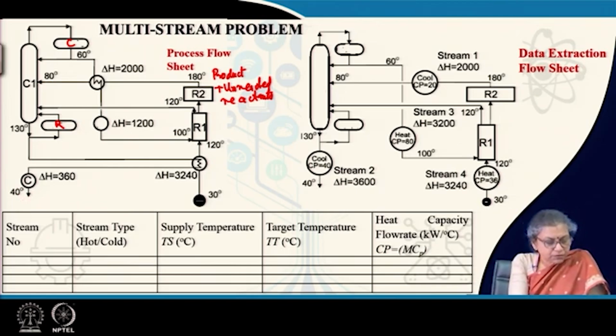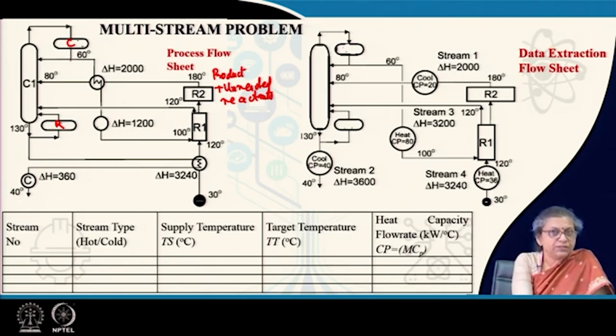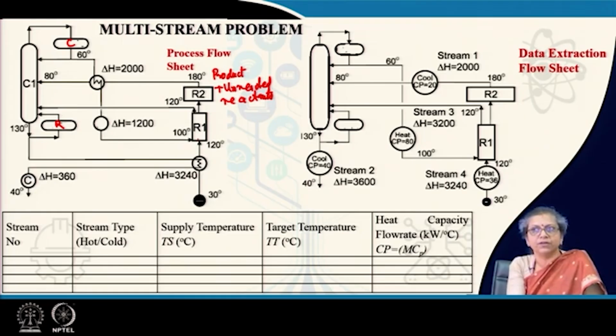So, it goes for some other purpose here. And the top product actually contains the unreacted reactants. So, this is introduced once more into the reactor for the reaction to take place. This is the entire thing.